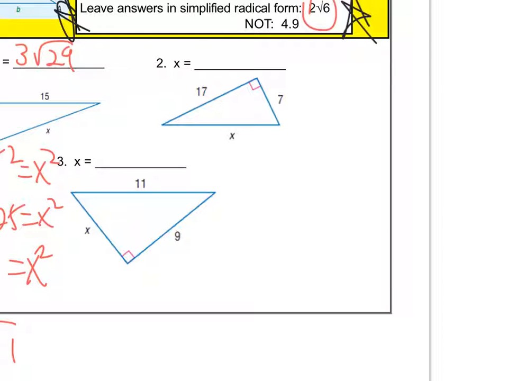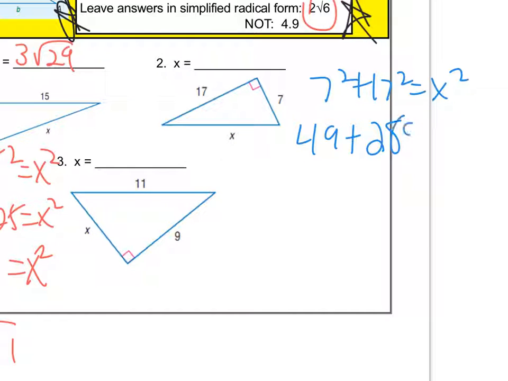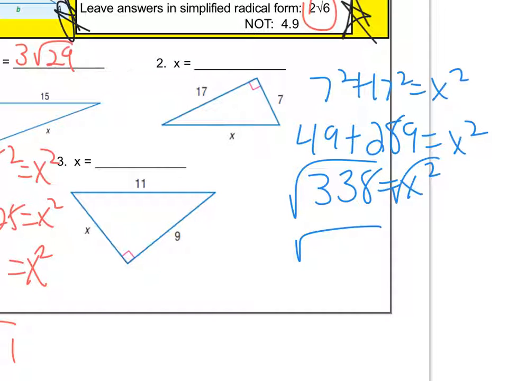So for number 2, same idea. 7 squared plus 17 squared equals x squared. So that's 49 plus 17 squared, which is 289. So that's going to be 338 equals x squared. So I take the square root of 338.